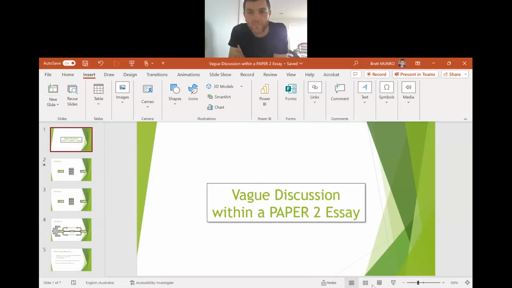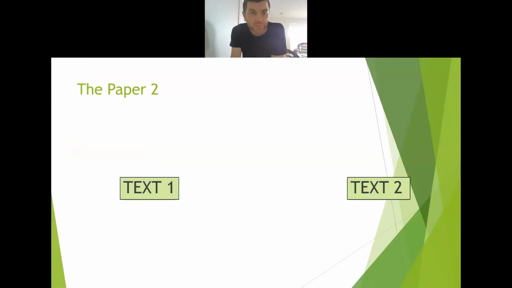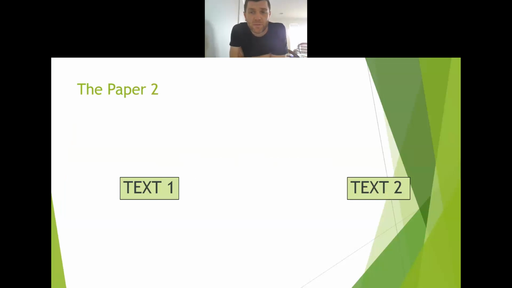So, again, what is vague analysis? Particularly when we're talking about paper 2s. If we look at the paper 2, we're looking at two texts that you haven't been assessed on throughout the course yet. So that is in neither the HLSA or the GAO, the Global Issues Oral.